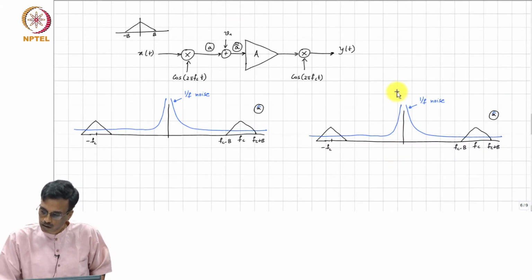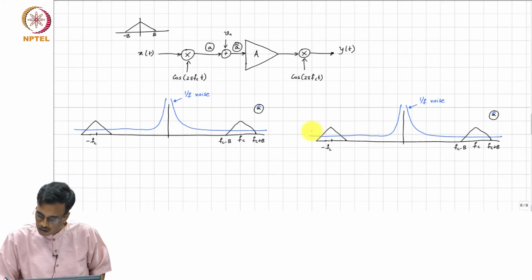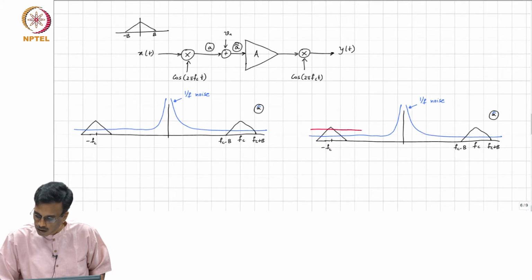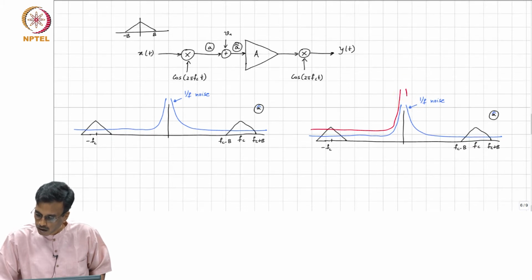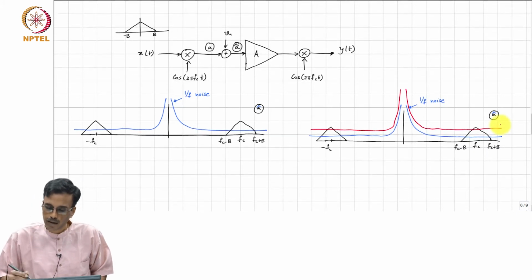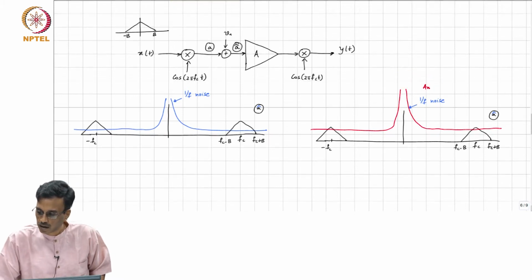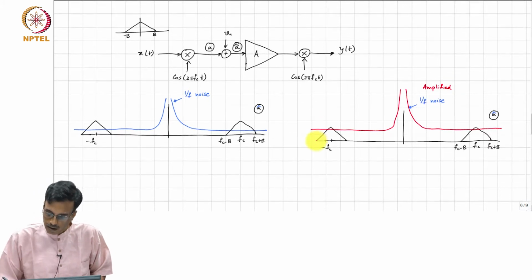Right, that goes there. This is amplified flicker noise, and this is the amplified signal.